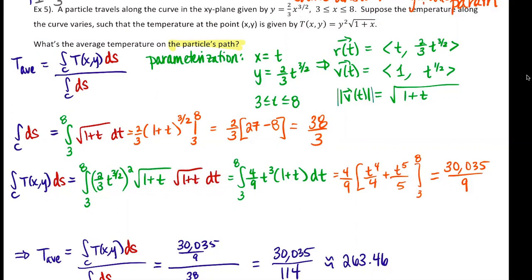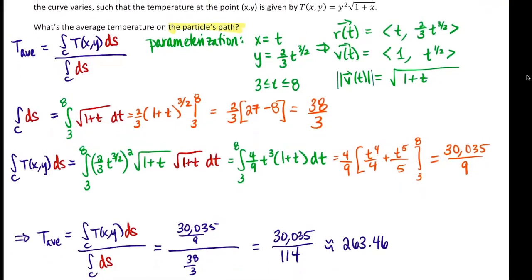And when I combine all those things, it's a crazy number, but I get this fraction here. And so at the end of the day, because I want the average, I'm going to take the quantity I had here divided by this, and it's going to give me an average temperature of approximately 263 degrees along this path.